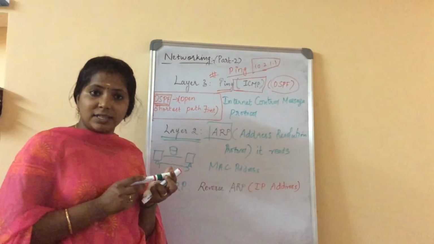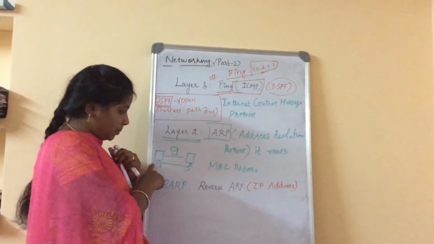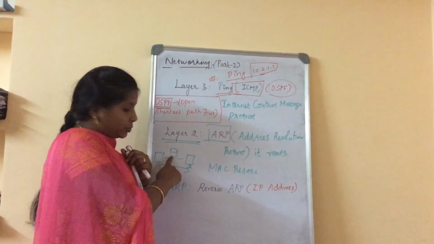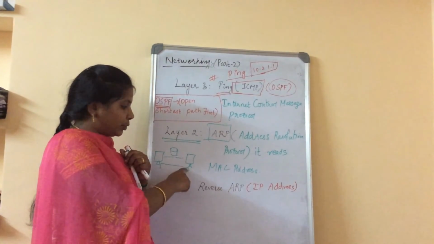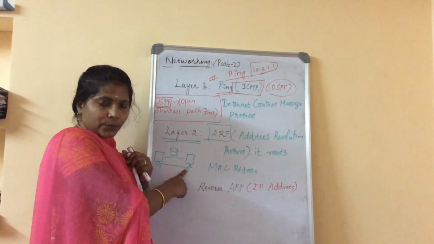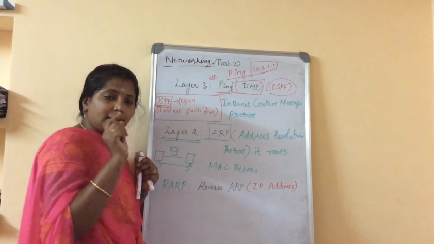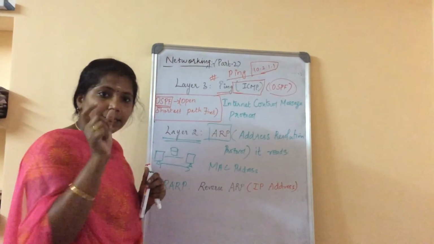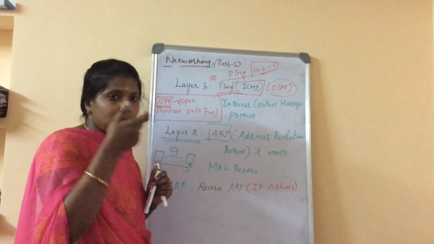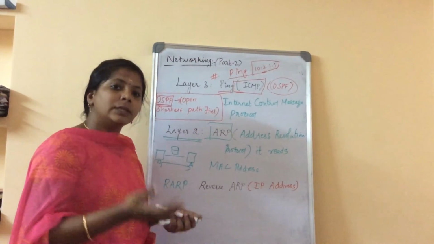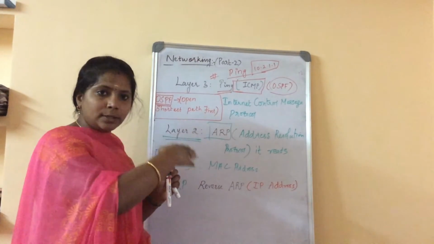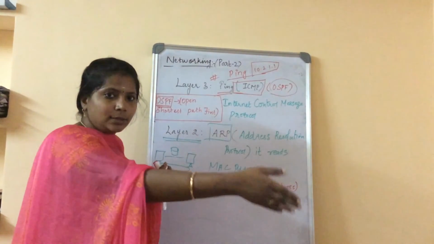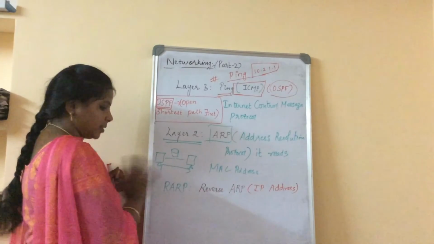It will learn the MAC address of this particular machine and send to the router, and the router will again pass the packet to the receiver. So ARP is the Address Resolution Protocol. It reads the MAC address of the device. MAC address is nothing but the physical address of that device, and it transfers a packet from one client to another client. Okay, fine.